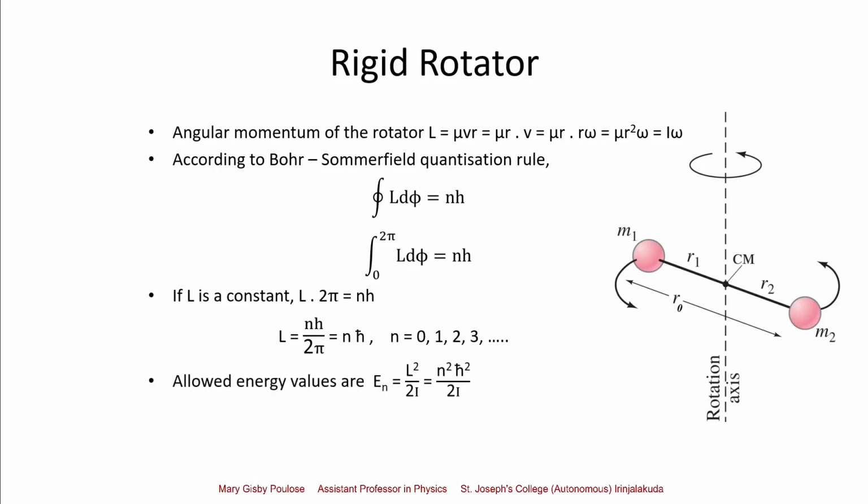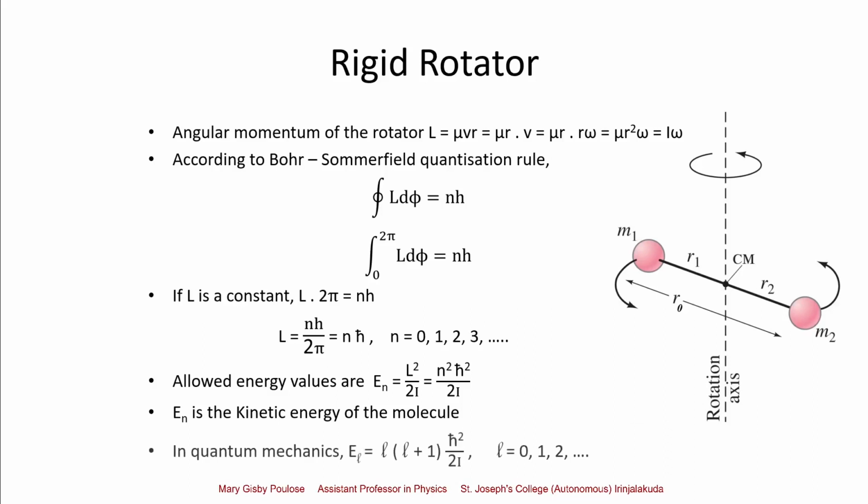Now, the allowed energy values are given by the expression En is equal to L square by 2I. Substituting for L, we get En is equal to n square h cut square by 2I. Here, En is the kinetic energy of the molecule since it is rotating. In classical mechanics, we reached the energy values En equal to n square h cut square by 2I.